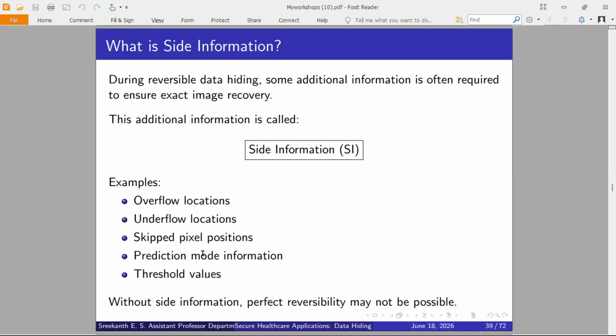Then this prediction mode is important. What is prediction mode? We need to clearly communicate which pixels we used for prediction. Okay, whether it is all surrounding pixels we took or left or top pixels we took. Very important. Then threshold values: till what threshold we embedded information is also very important.